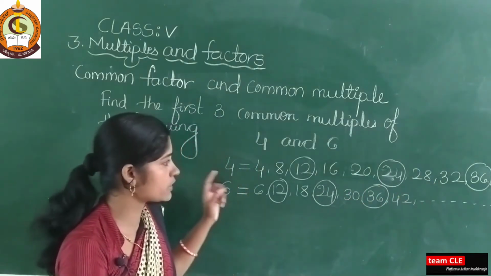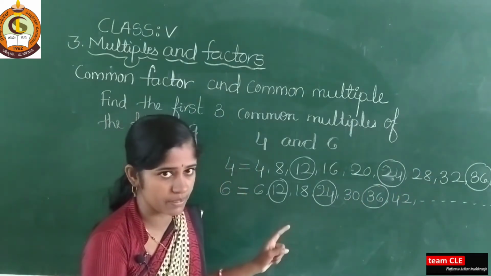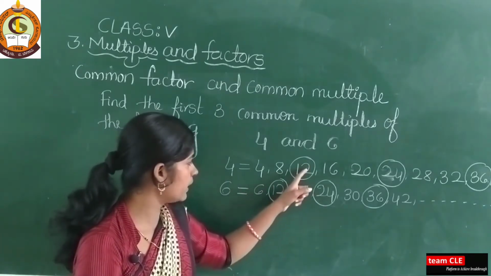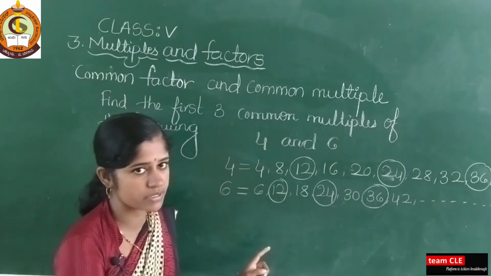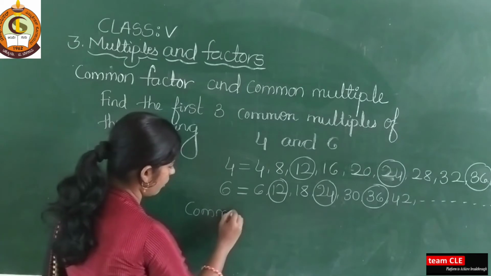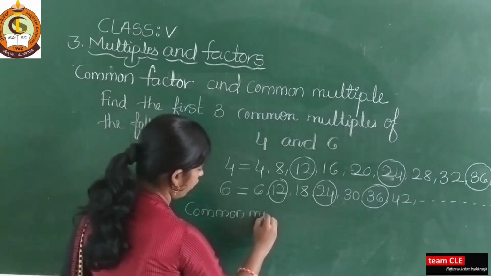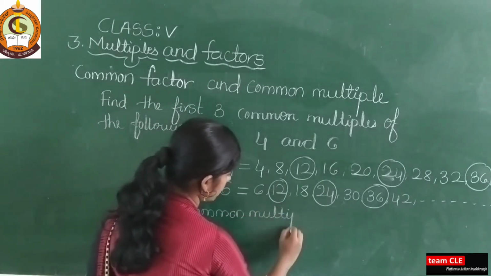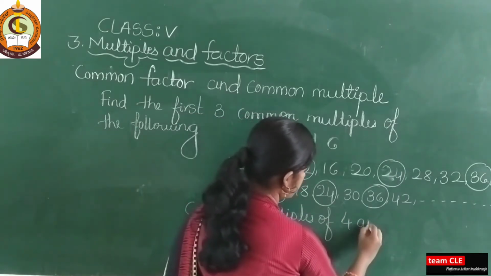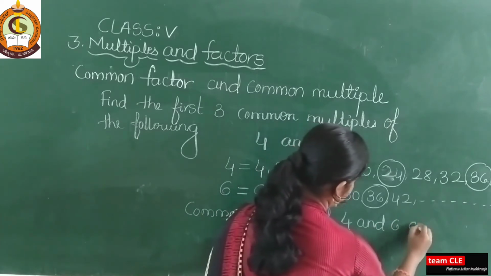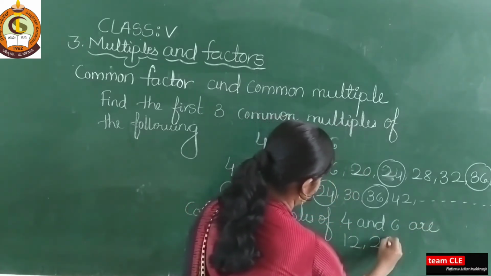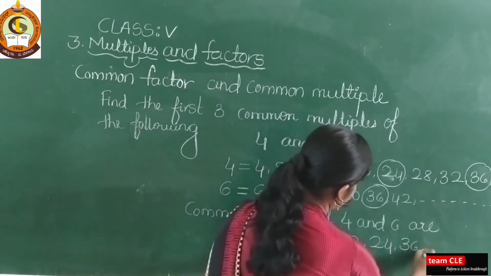See here dear students, first you need to write the tables. Next you check both the numbers for common numbers. It should be in the 4 ones table and also in the 6 ones table. So write here common multiples of 4 and 6 are 12, 24 and 36.